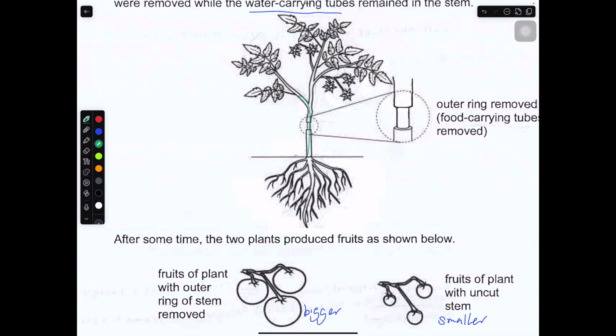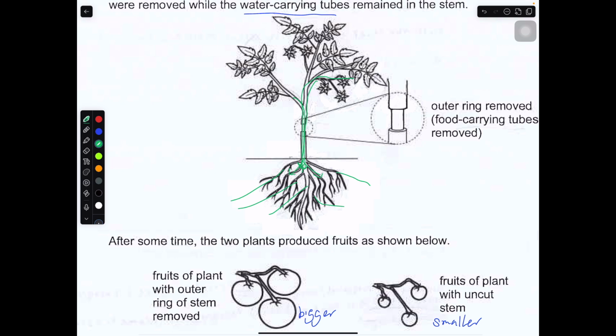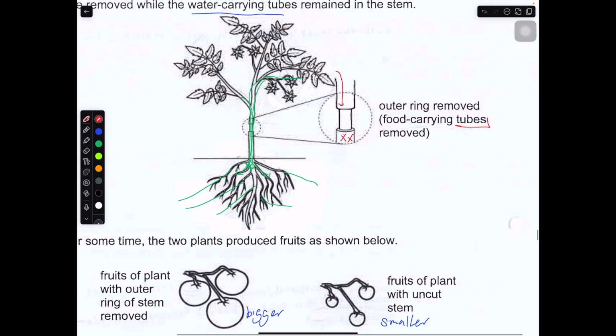Originally, some of the food will be transported down to the roots, and the roots will use it to build more roots for the plant. But when this part is removed, the food that comes down cannot go down anymore because the food carrying tube has been removed. There are no tubes for the food to be transported, so it will make a U-turn to go to other parts of the plant.